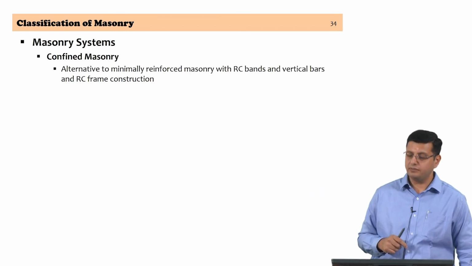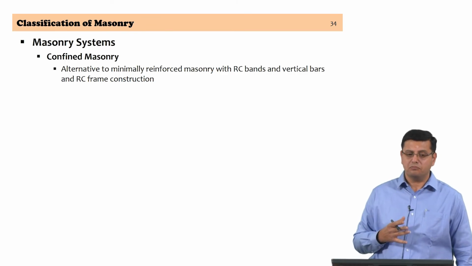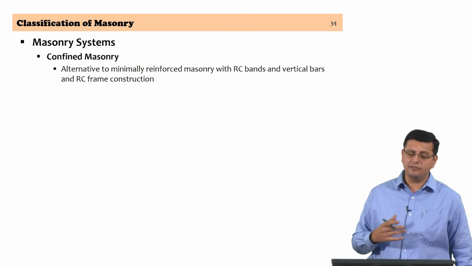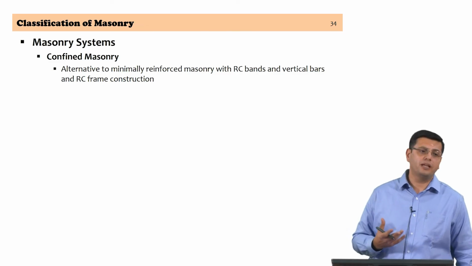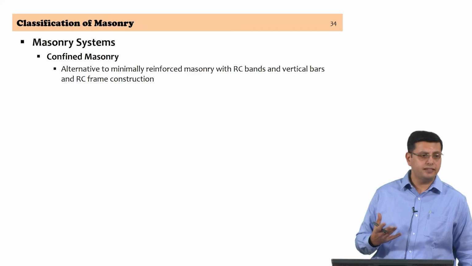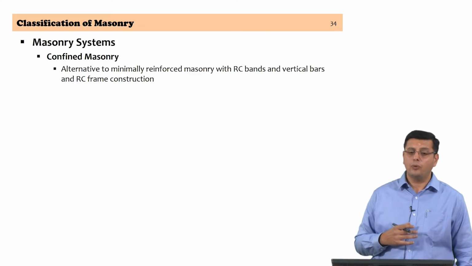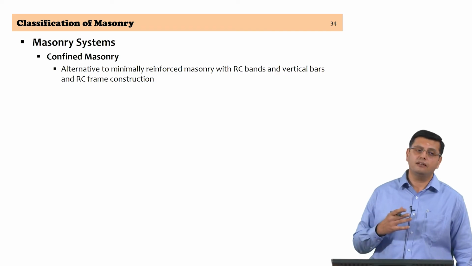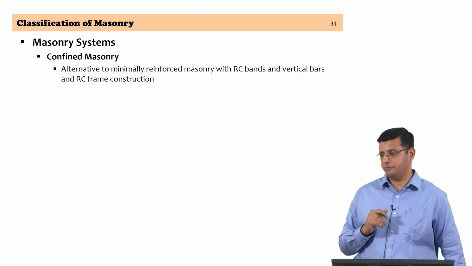Confined masonry is the other typology. This is an alternative which has been developing over the last few decades, 5 to 6 decades, and quite predominant in many highly seismic developing countries.